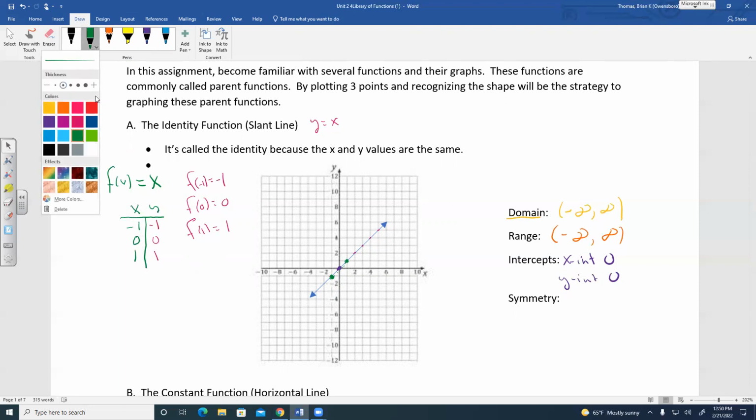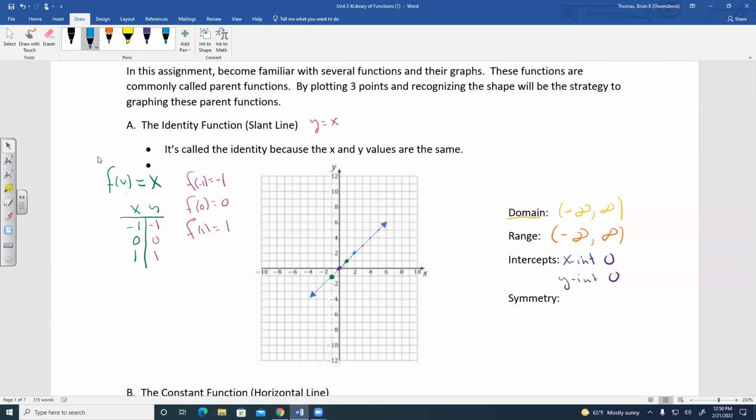If I look at the points, say 2, 2. Notice that there's an ordered pair on the other side of the origin at this -2, -2. So notice how, again, we have this reflection over the origin. So this does have symmetry. It's symmetric with respect to the origin.